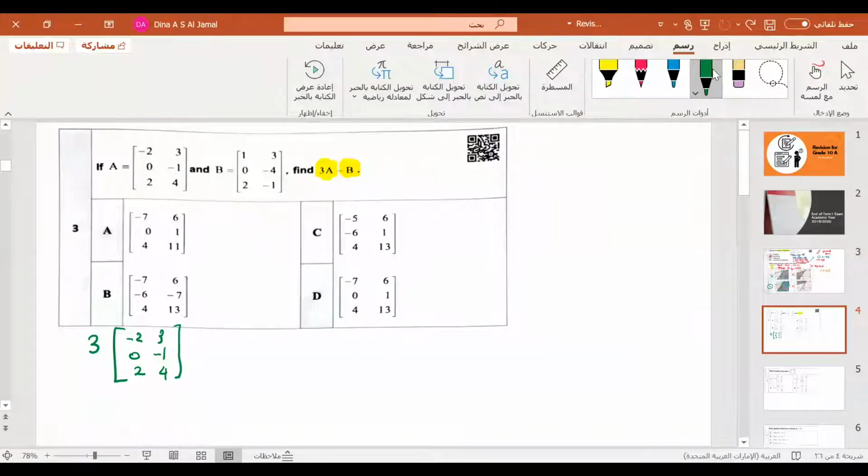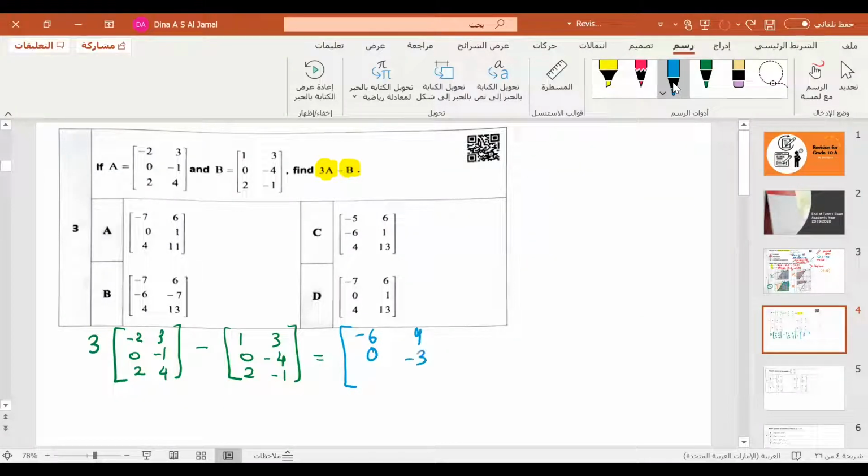So it is a scalar multiplication, minus B, which is 1, 3, 0, minus 4, 2, minus 1. That means, first of all, we have to multiply by 3. So it will be minus 6, 9, 0, minus 3, 6, 12.